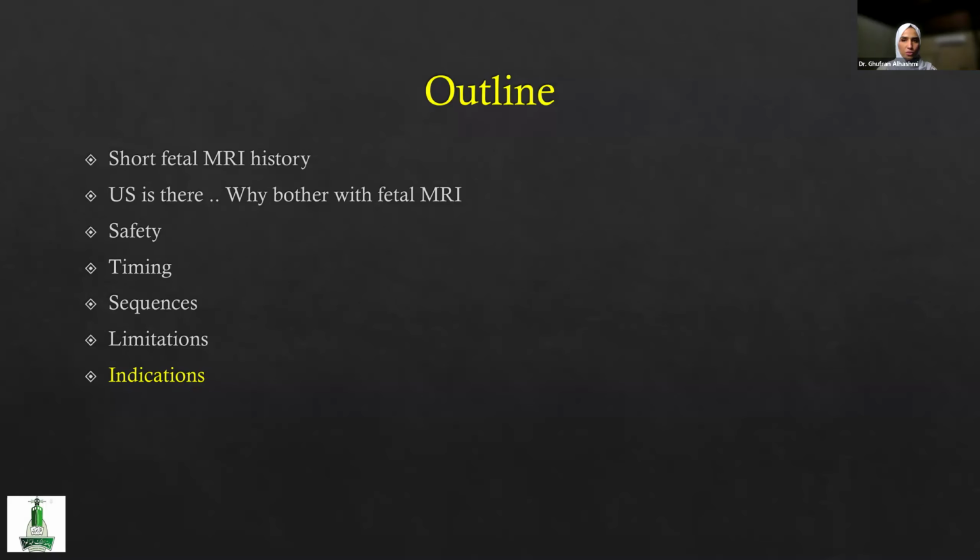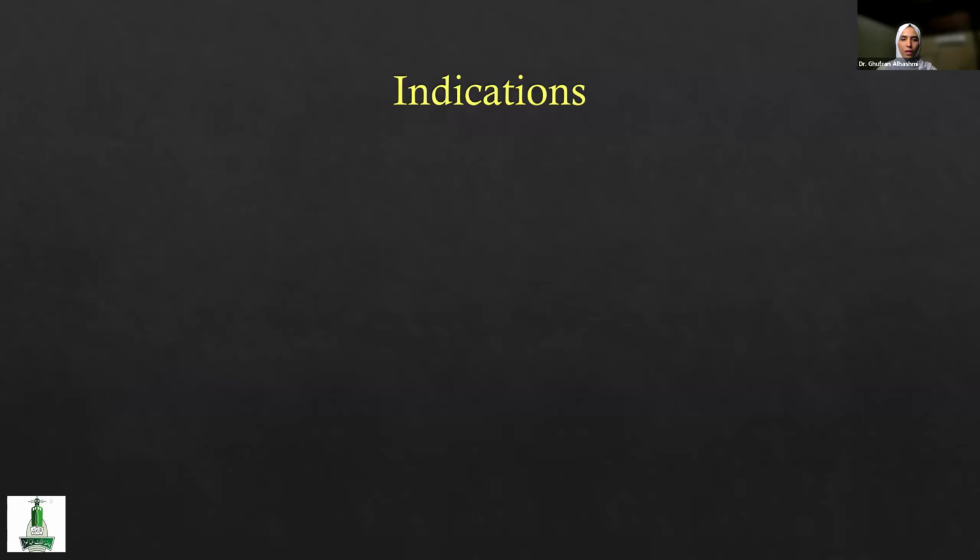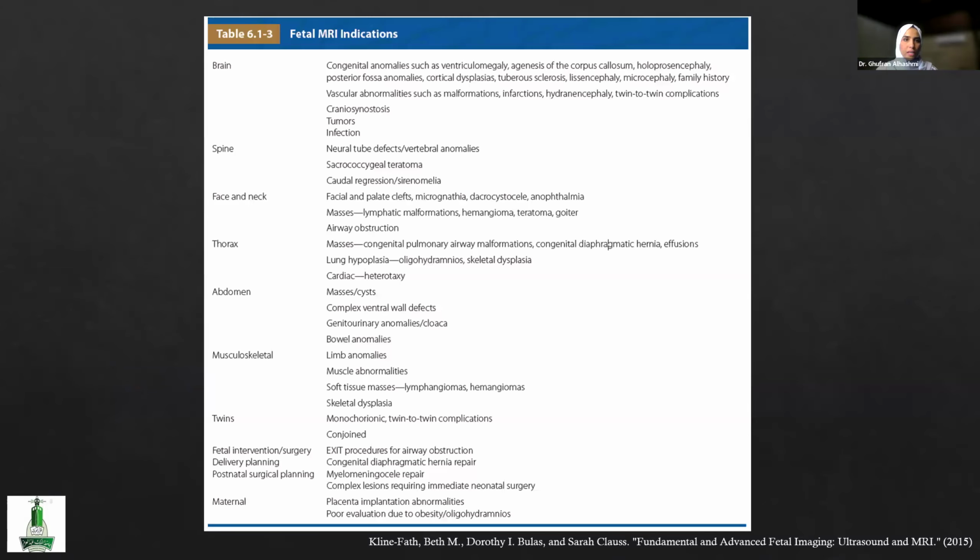Moving now to the indications of fetal MRI. So the indications for fetal MRI are wide and are still evolving. A list here is shown showing multiple indications throughout the fetus, from the brain to the spine, face, thorax, abdomen, MSK, twins, pregnancies, planning of fetal delivery, some maternal indications as well.